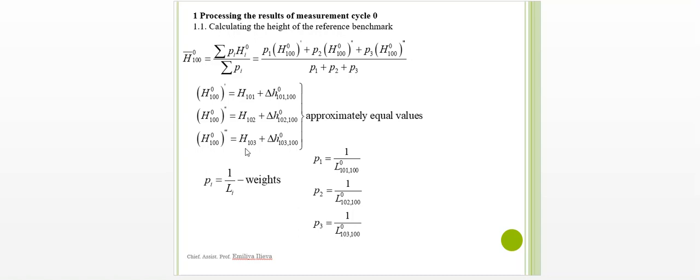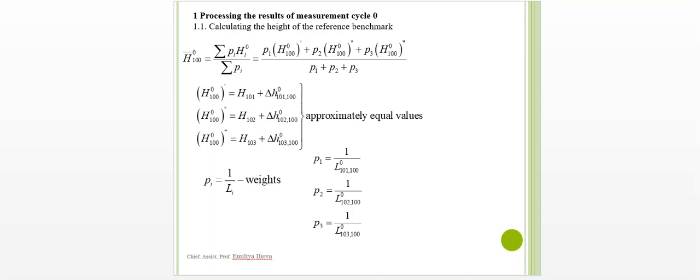So we need to calculate the height of the initial benchmark, the first height, from the height that is given in the assignment of the first control point plus the measured elevation difference.